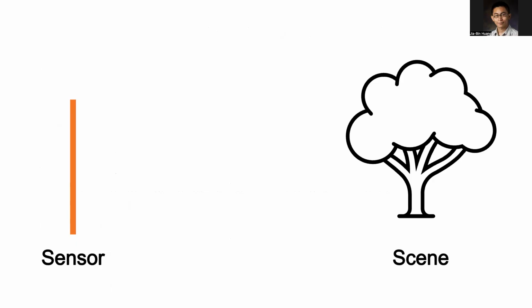If I have a sensor, like any sensor on my phone, and I put it in front of a tree, what could go wrong in this case?